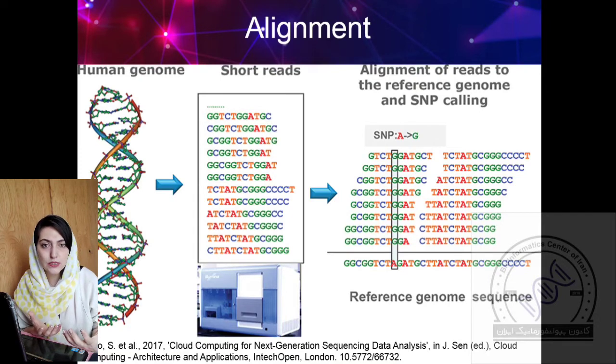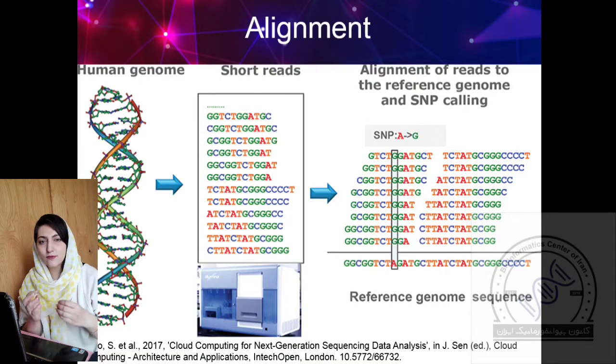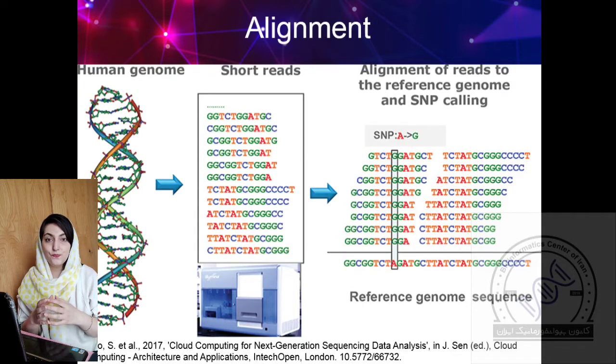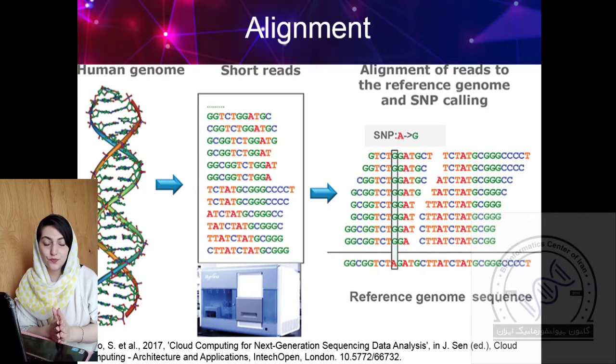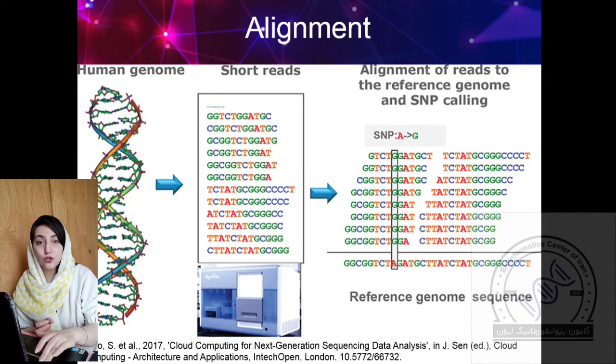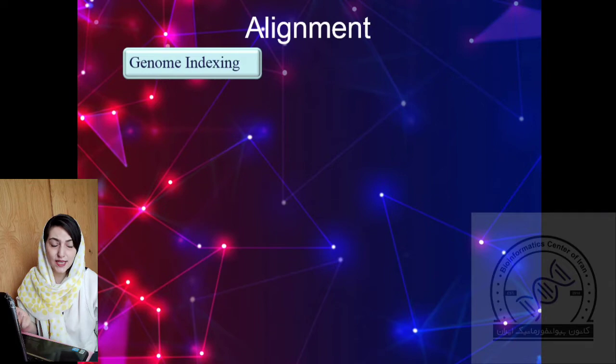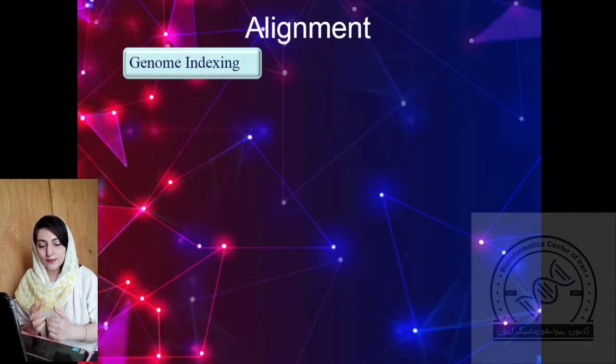We can do this directly, but there's a better way which saves us time and memory usage, and it's called genome indexing. Genome indexing determines which part of the genome or the chromosome or the gene has what functionality, let's say. It's something like that.